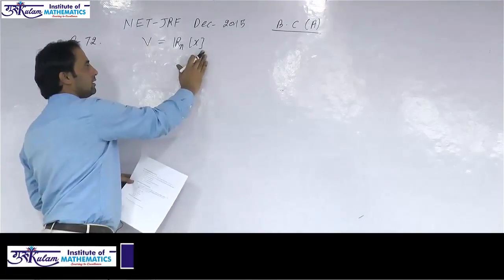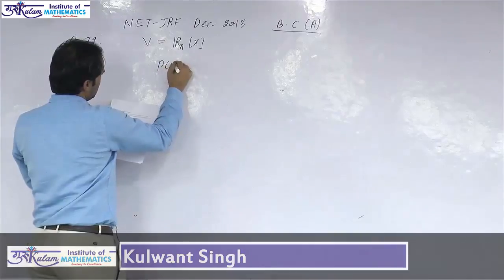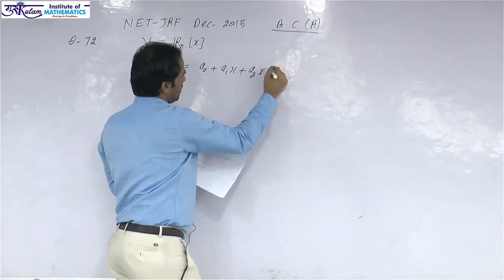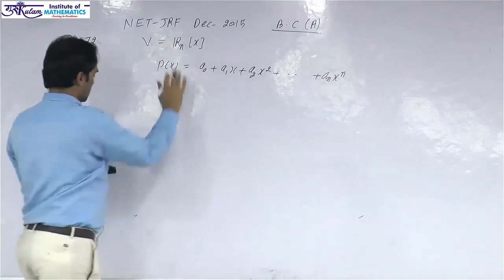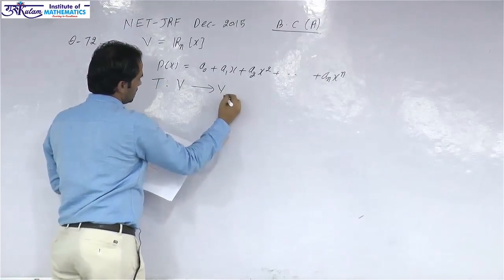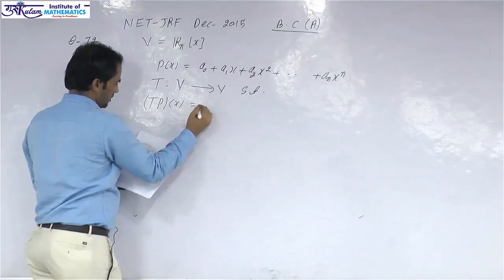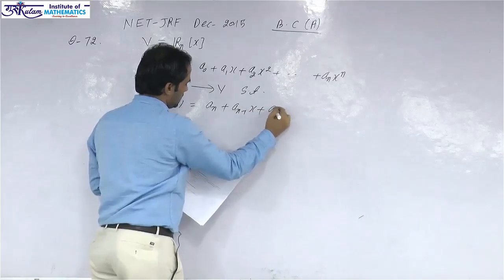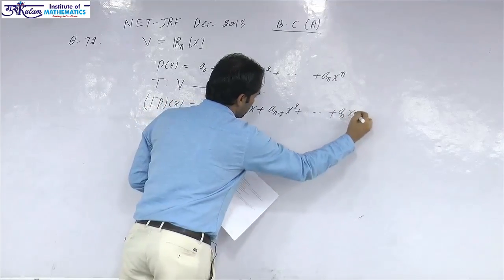We denote it R_n[x], the polynomial space with degree at most n, and P(x) is any polynomial, which is a0 plus a1x plus a2x squared and so on, up to anxn. So this is a general polynomial of this vector space, and T is a linear operator from V to V such that T of P of x is an plus an minus 1 x plus an minus 2 x squared and so on, plus a naught x to the power n.